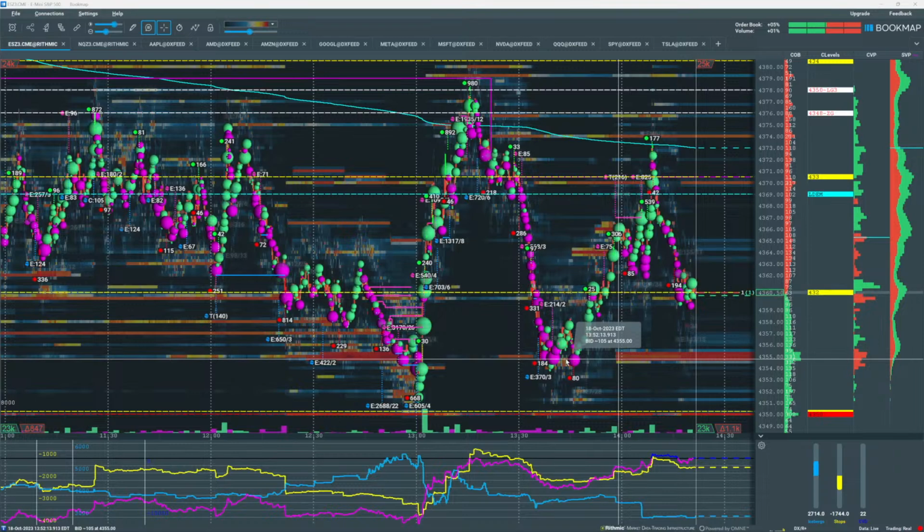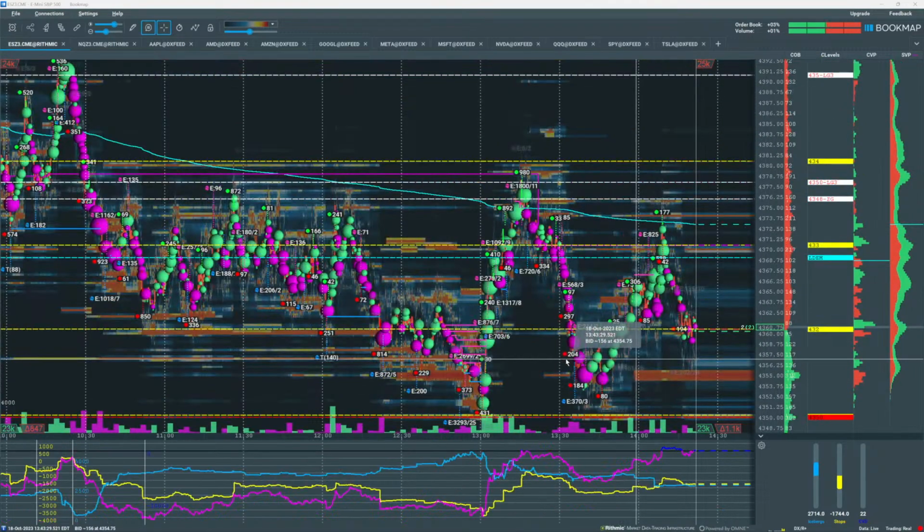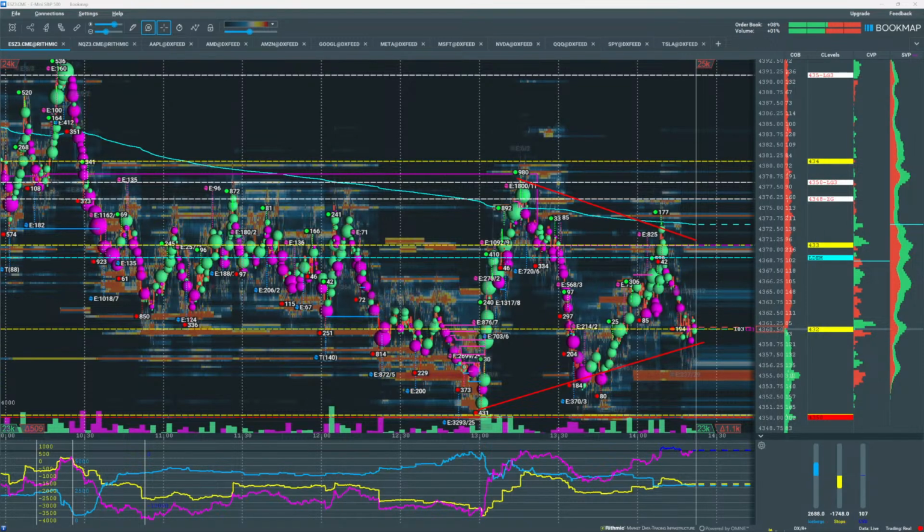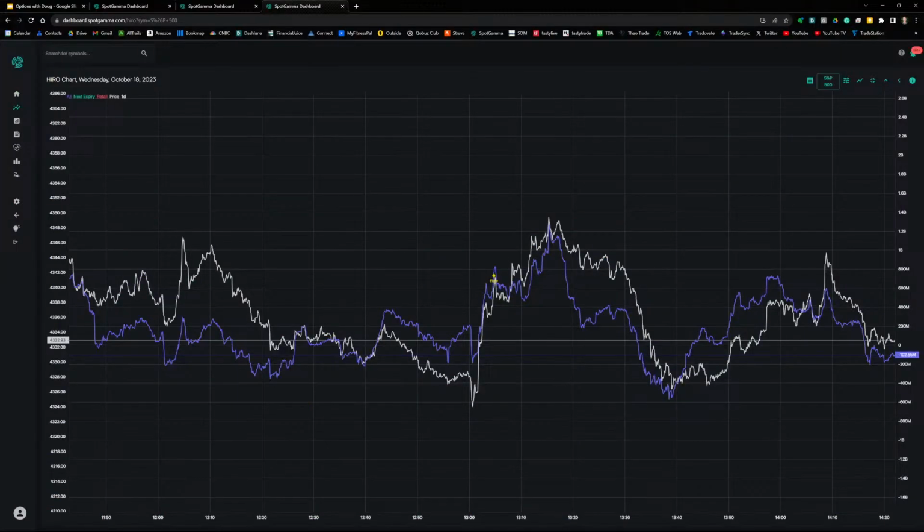Zoom out just a bit. So it looks like ES is kind of forming a triangle pattern here. So this may take a while to resolve. Let's go back to Hero, see what options traders are doing again.